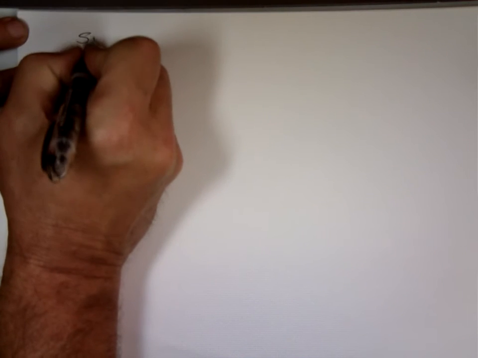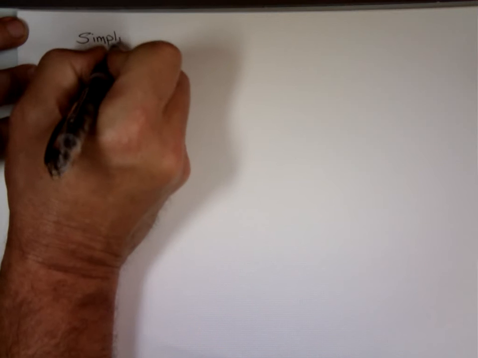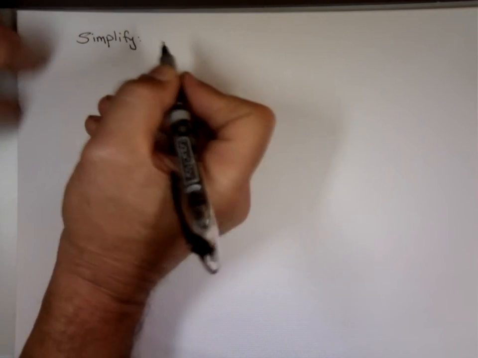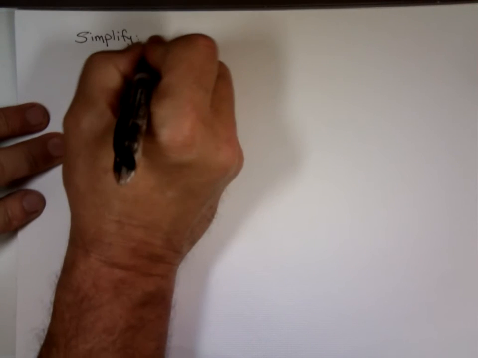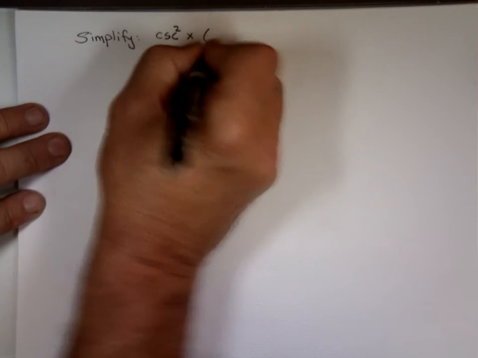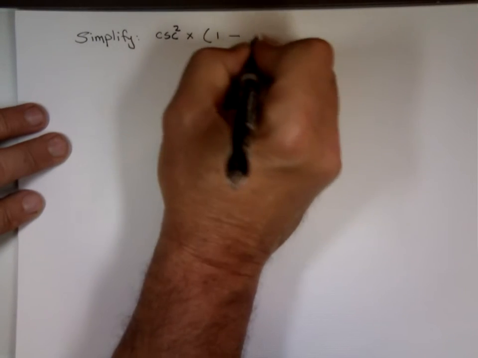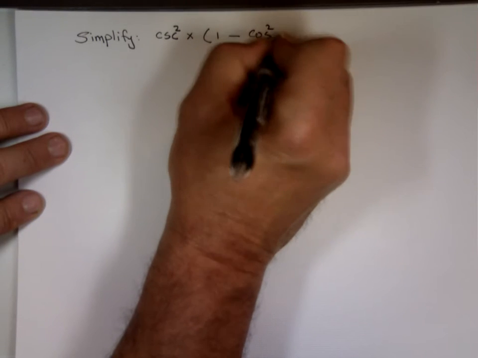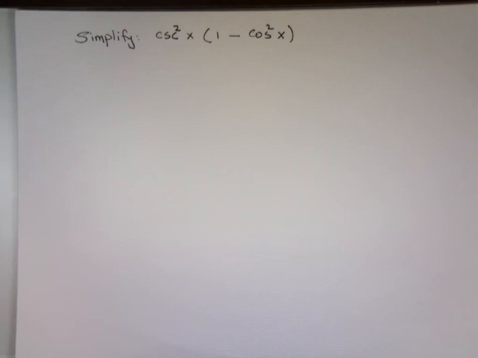There we go. Simplify. Cosecant squared x times 1 minus cosine squared x. Again, I'm going to change everything to sine, cosine, then simplify.